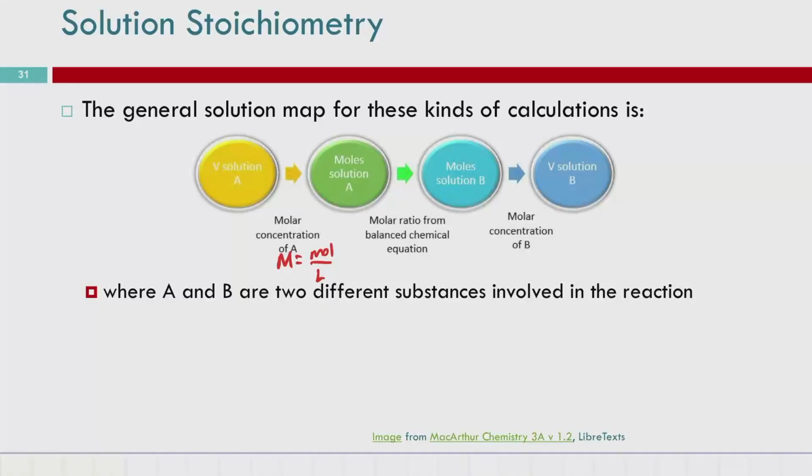And we can use the molar concentration or the volume to figure out the other one. So we might end with molar concentration if we're given volume, or we might end in volume if we're given molar concentration. There are still some ways that we can switch around this solution map, but this is one possible configuration that you might see. The front end is pretty much always going to be the same if we're starting with a solution. You can also start with grams, go to moles, and then end up with solution stuff at the end. This is part of why chemistry is, I think, really difficult, because there's a lot of ways that we can change it.